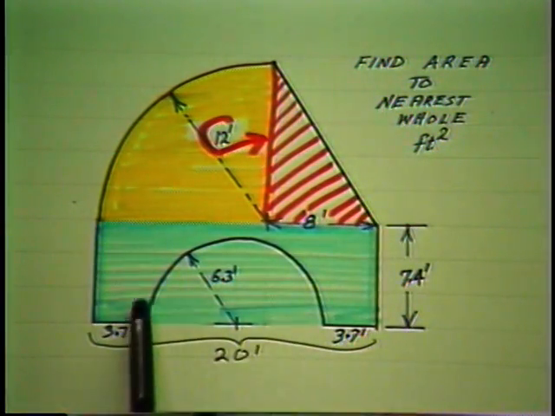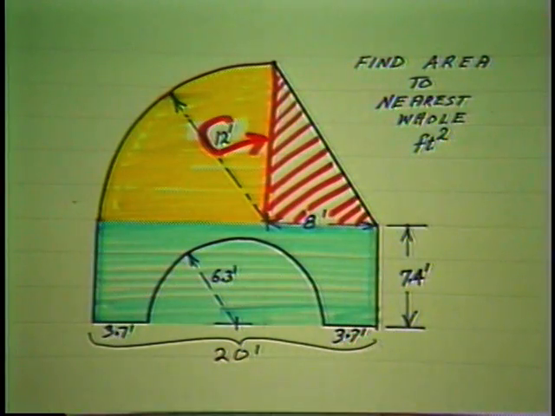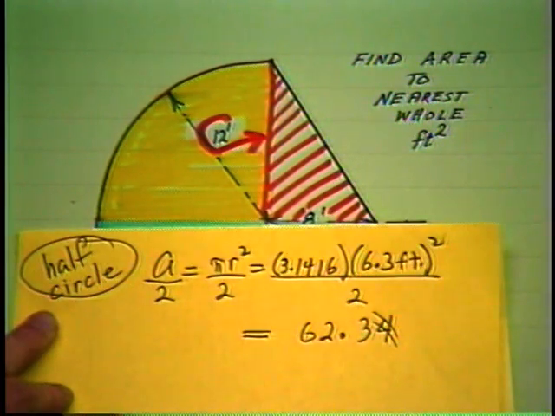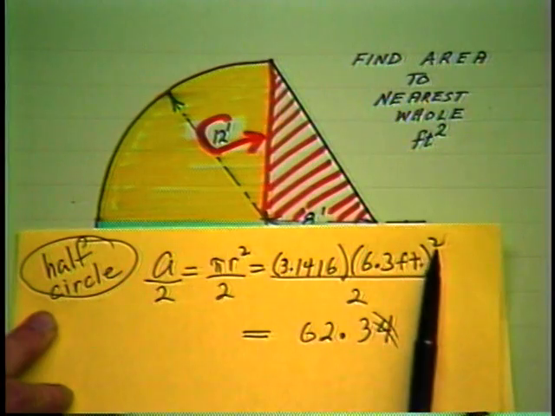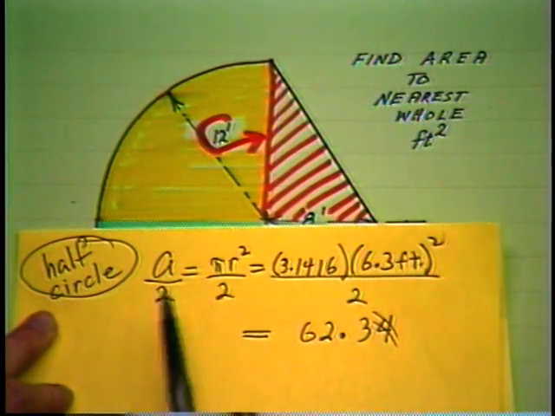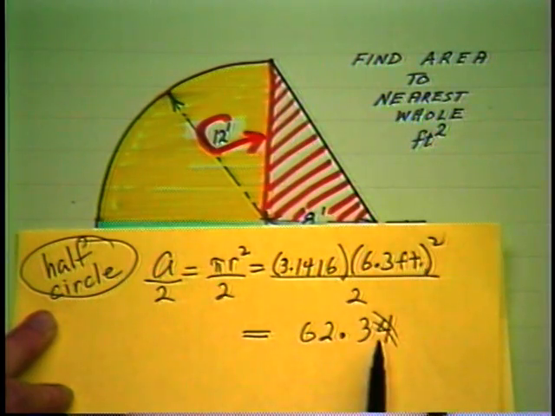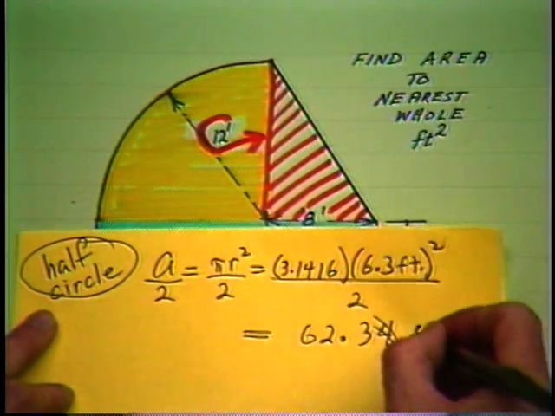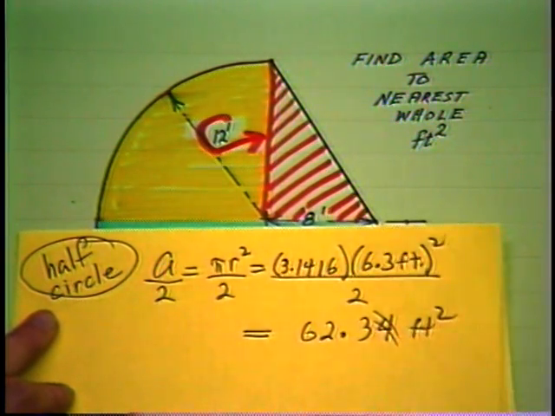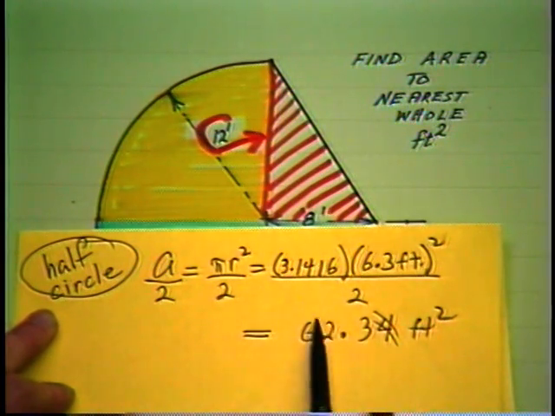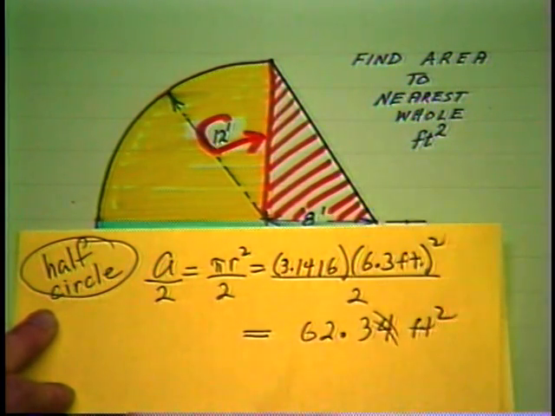We must now find the area of this half circle so that we can subtract it. And so we have the area of the circle on top, then divided by 2 because we want only a half circle, and we have the area in square feet, rounded to one more place than I want in the end.